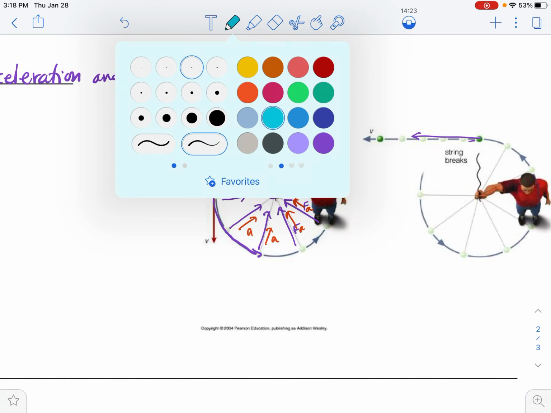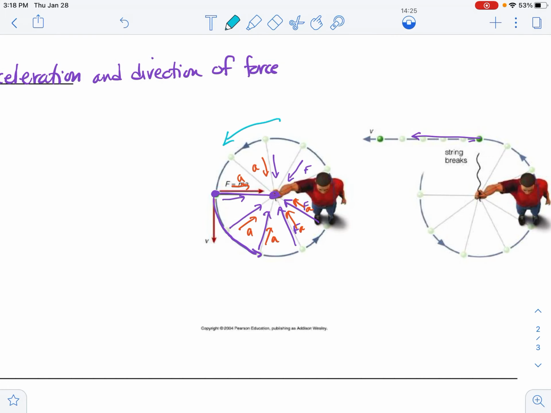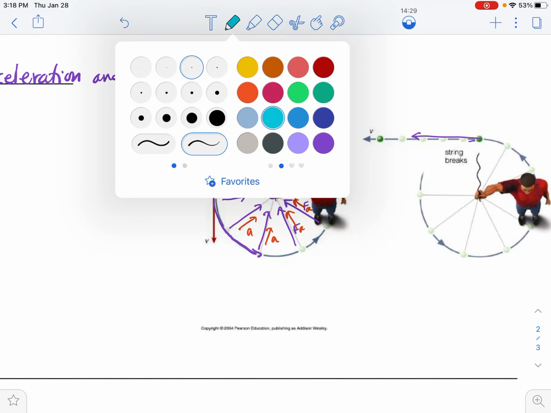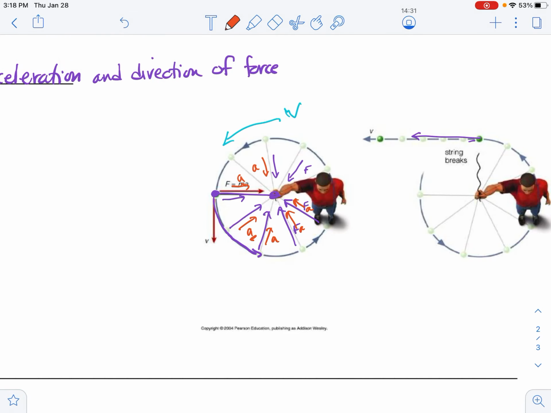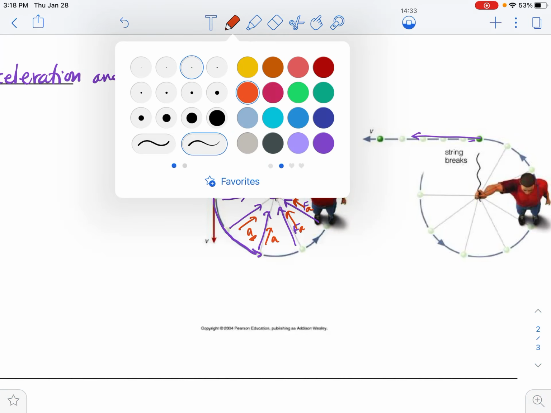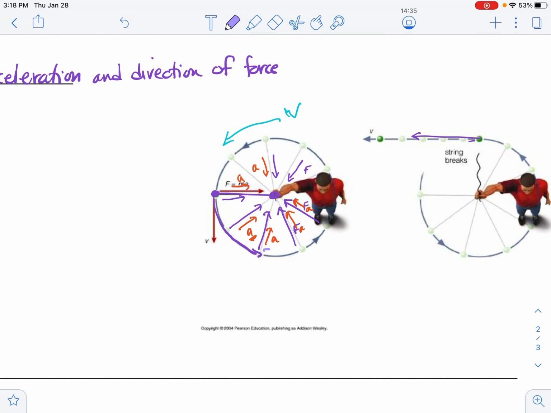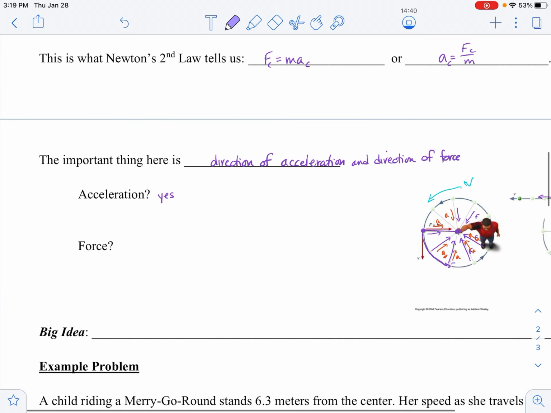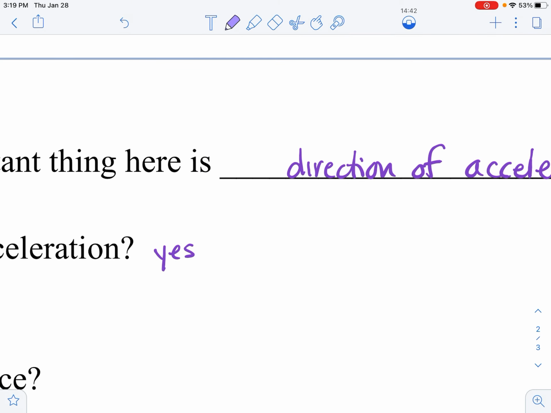So if I back this up, I can say that my velocity is around the circle, but my acceleration and my force are toward the center of the circle. All right, so our acceleration, yes, acceleration is toward the center of the circle.